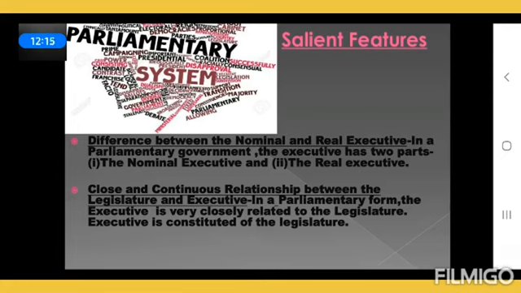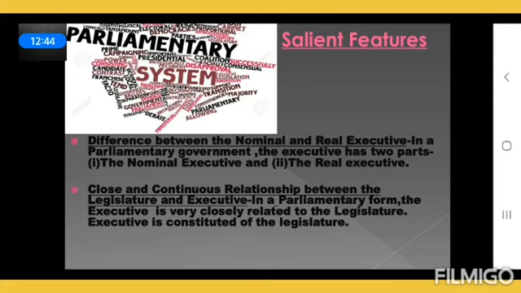Okay, now next one. This is very simple. The next one is the close and continuous relationship between the legislature and the executive. Let me read it out. In a parliamentary form, the executive is very closely related to the legislature. That means they have a close and continuous relationship. I've already told you, right?